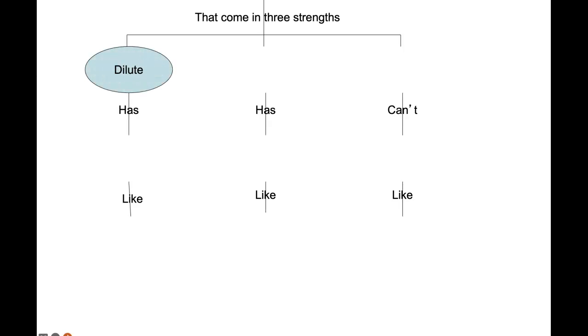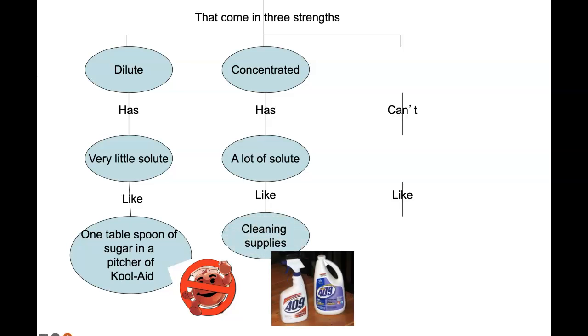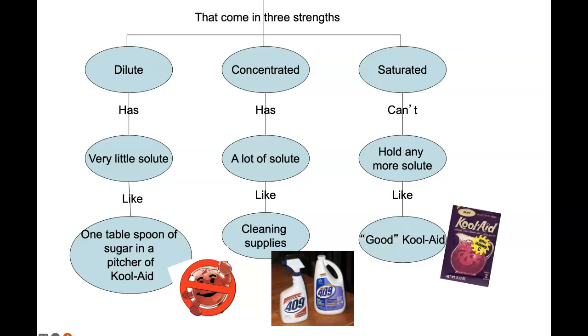Hopefully you're thinking dilute, because it has very little solute, like a weak Kool-Aid solution. Concentrated, which has a lot of solute, like a cleaning chemical. And a saturated solution. A saturated solution, remember, is very specific. It can't hold any more solute, like really good Kool-Aid.